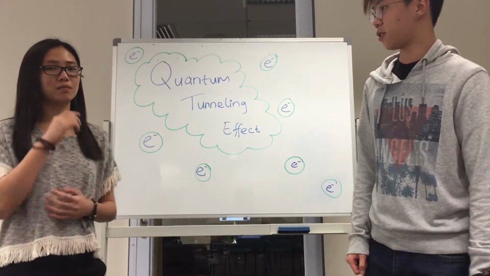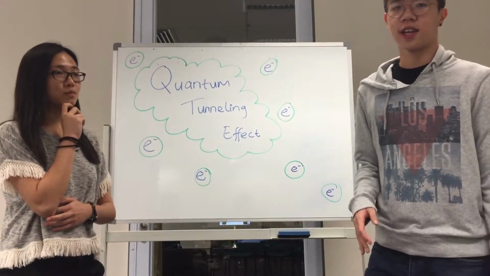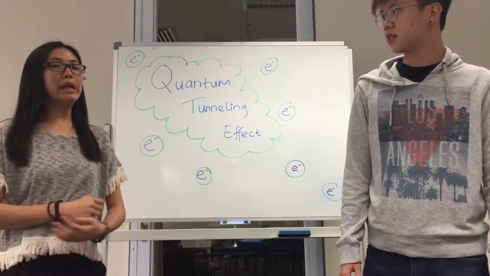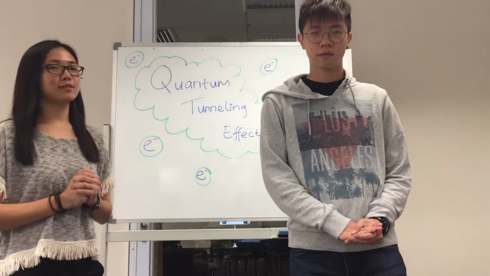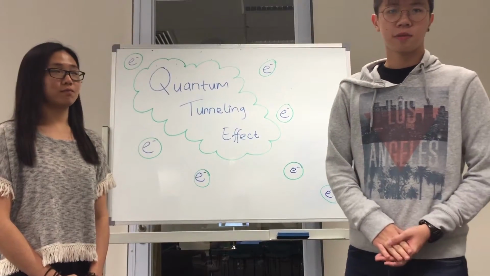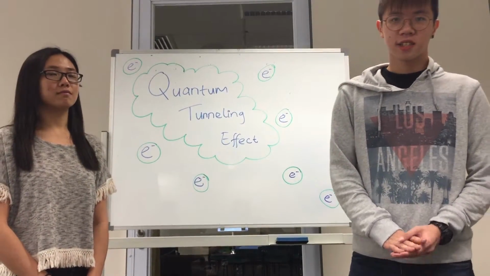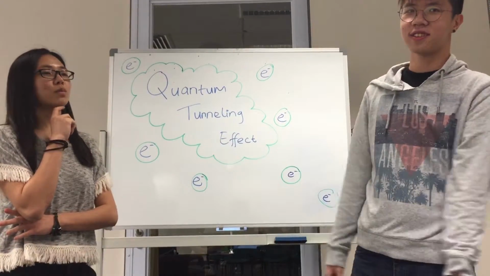In the case of electrons, since electrons travel in a wave-like motion, the electron will simply bounce off the barrier. But then how does quantum tunneling effect occur? Well, sometimes when the energy barrier is thin enough, some electrons can pass through the barrier and appear at the other side. The thinner the barrier, the higher the probability of electrons passing through.